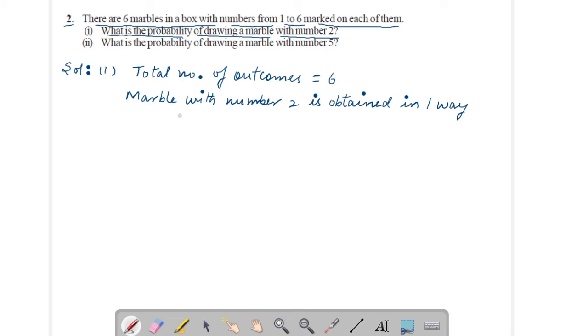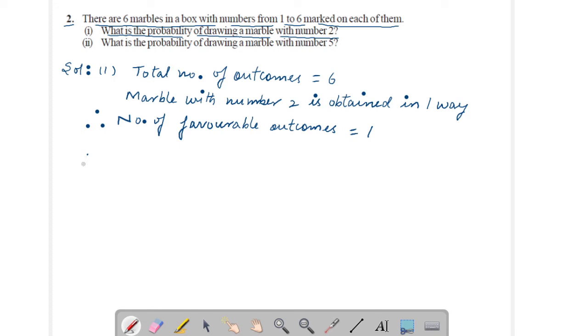Therefore, the number of favorable outcomes is equal to 1.